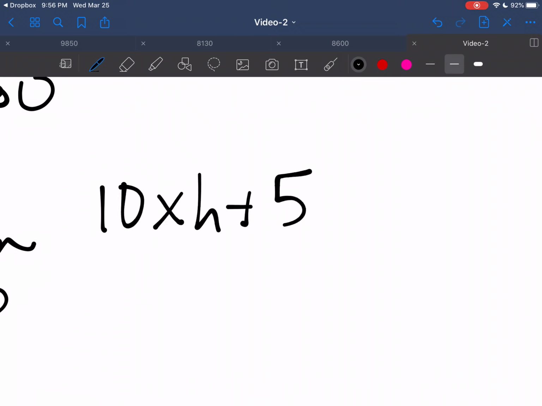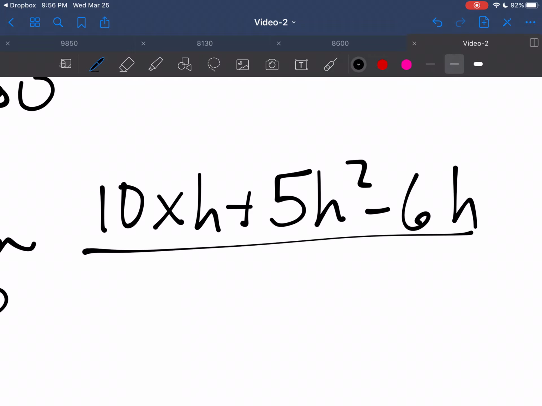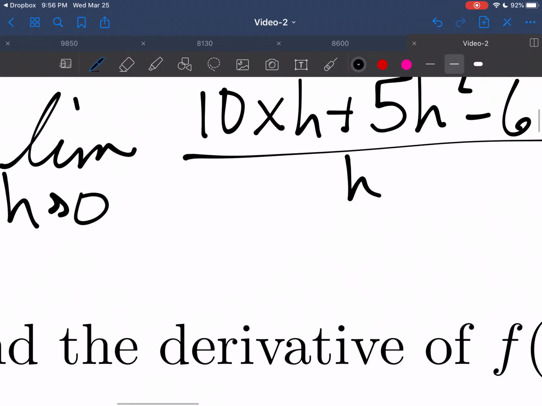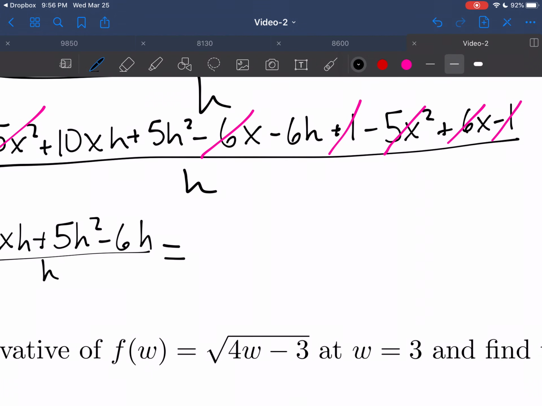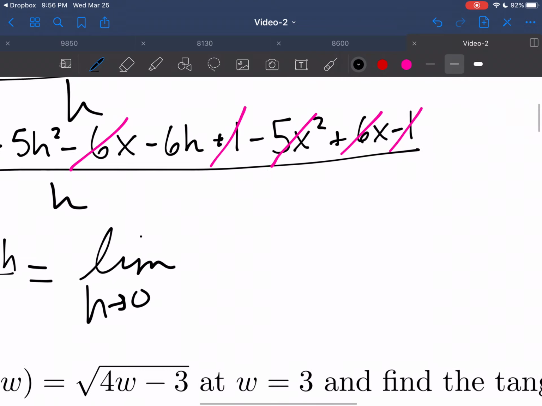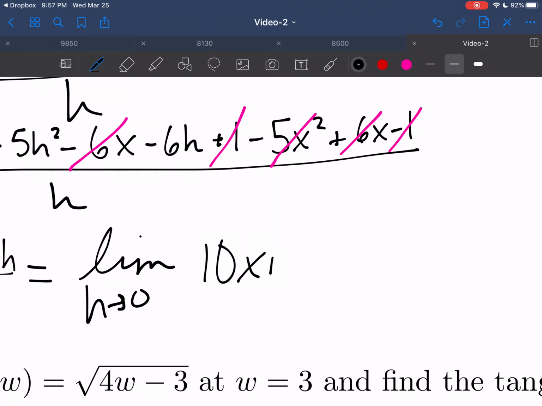And we are left with 10xh plus 5h squared minus 6h divided by h, which is equal to the limit as h approaches 0 of 10x plus 5h minus 6.